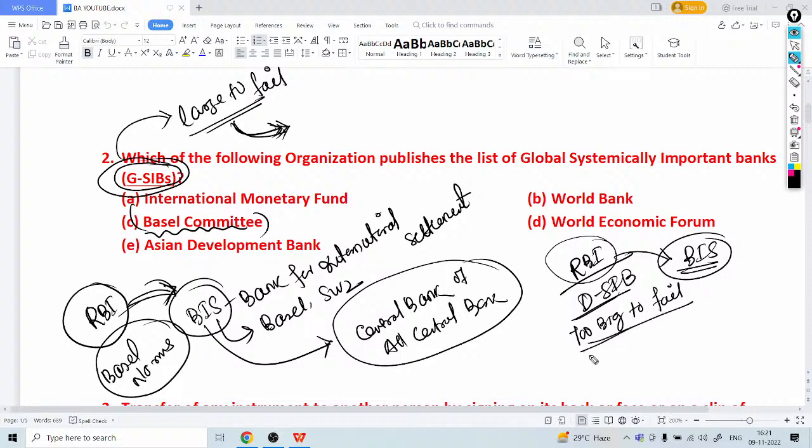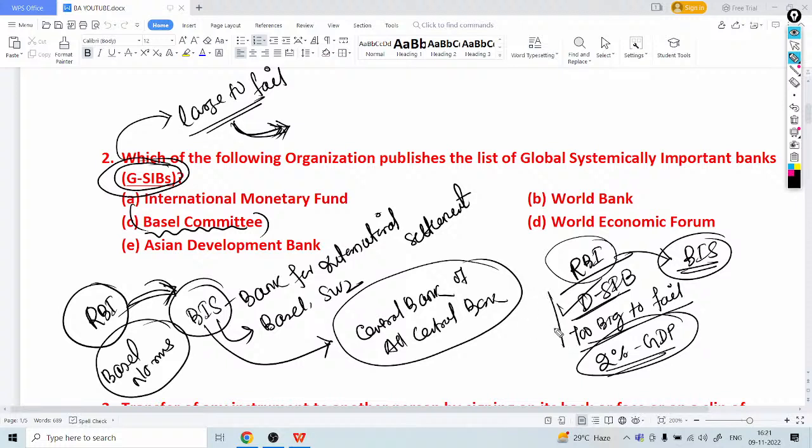Got it? In India, the parameter is 2% of country's GDP. The bank whose asset size is 2% of country GDP is considered a D-SIB or domestic systemically important bank.